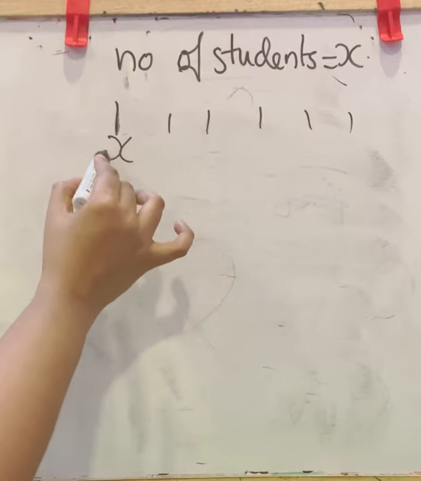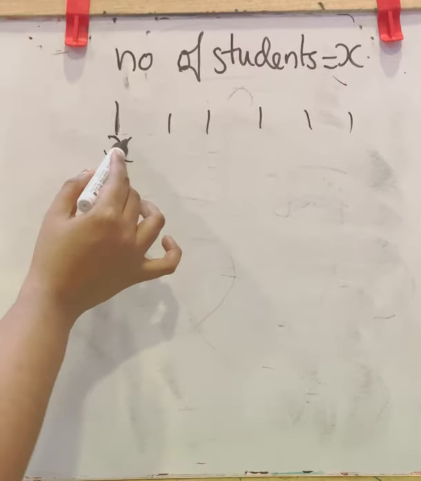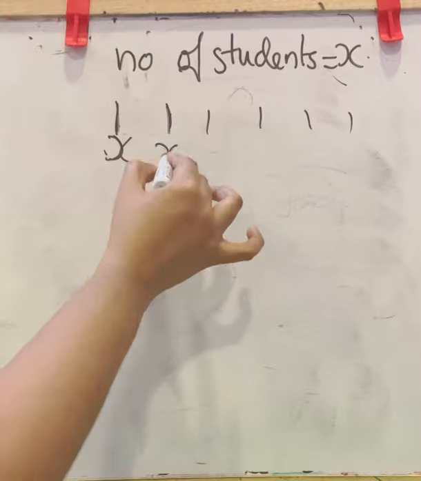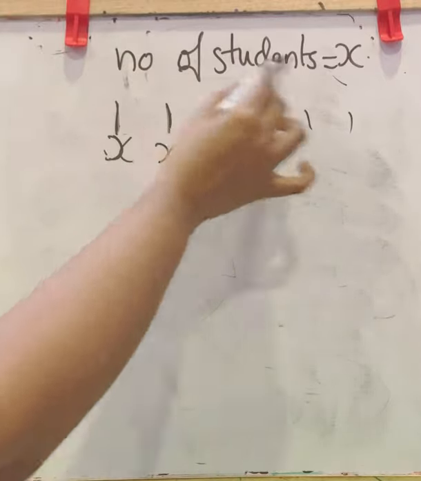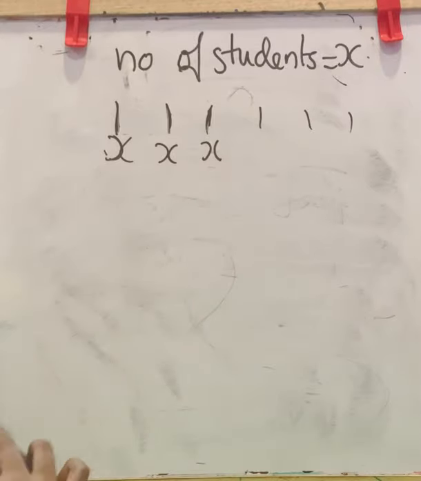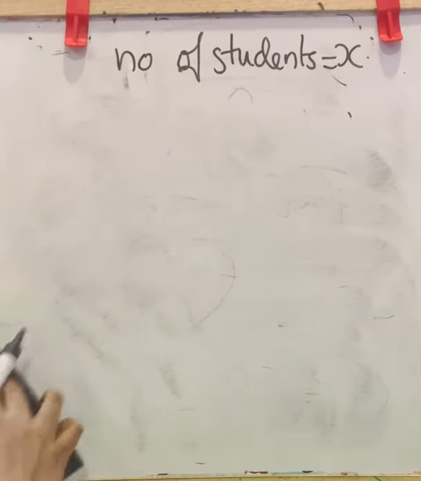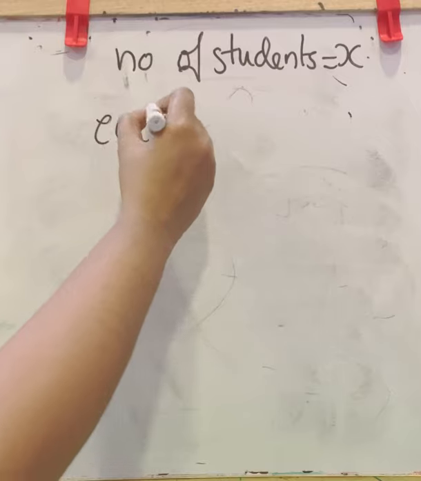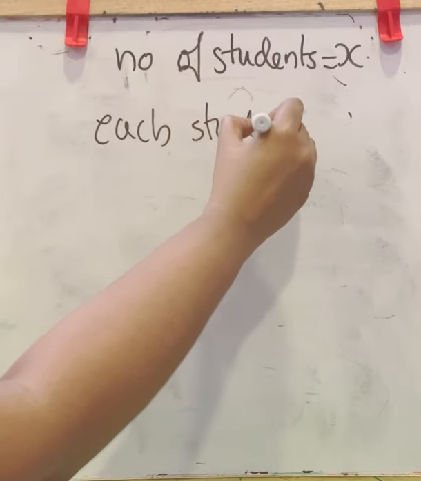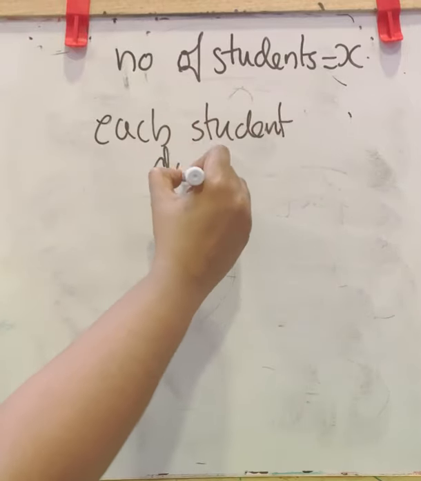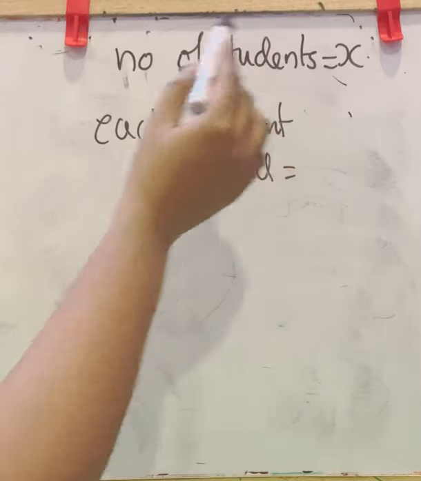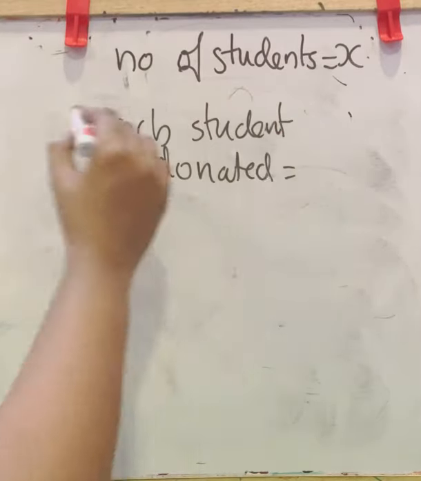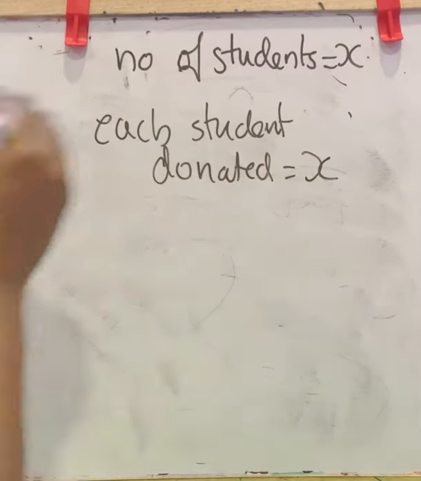One student donated the total number of students in the class, the other student donated again the total number of students, and this student also, like that. So each student donated how much rupees? There are x number of students, so each student donated x rupees.